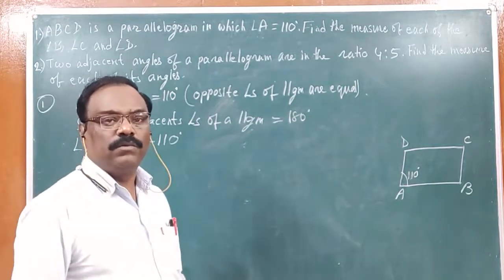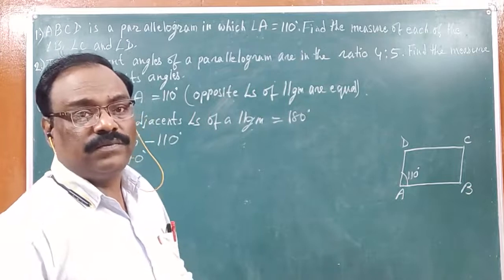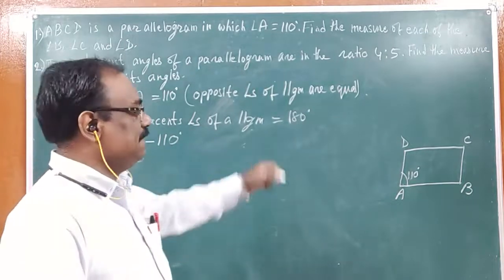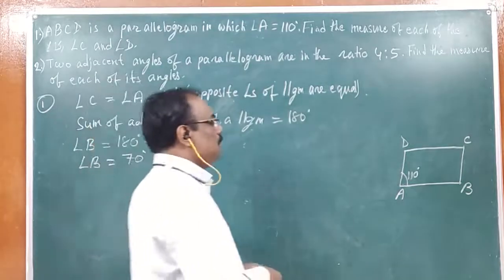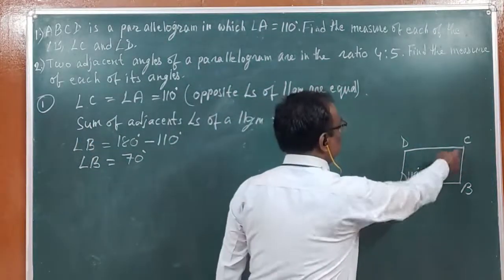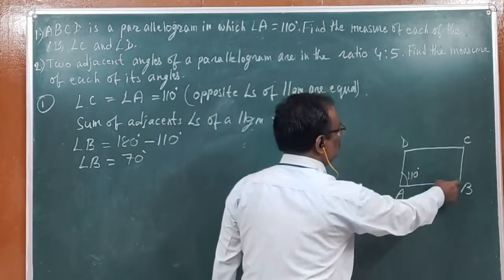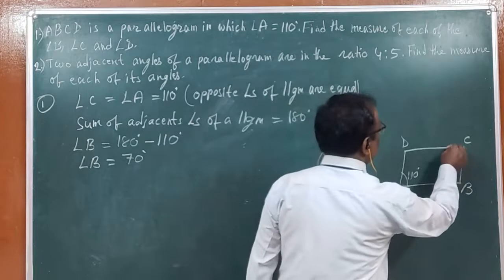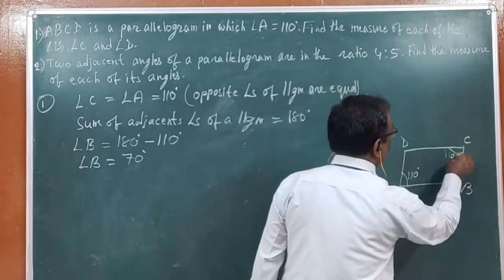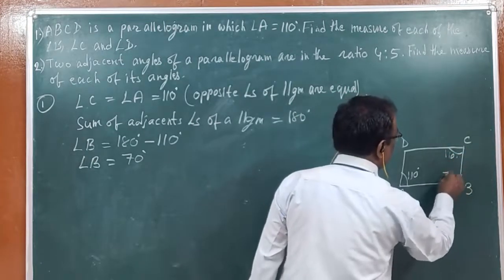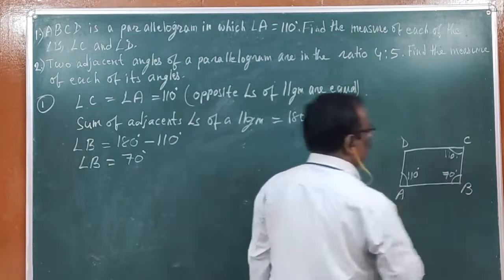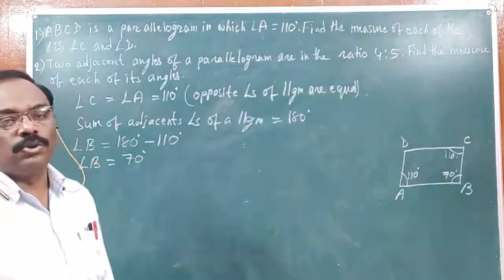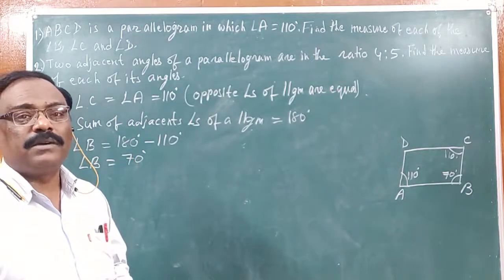Okay. Now we can follow the same way for angle D. As angles A and C were opposite angles, here also angle B and angle D will be opposite angles. We got this one as 110, this one as 70. So angle B and angle D will be equal, because opposite angles of a parallelogram are equal.